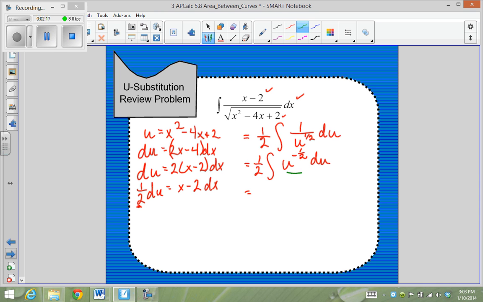You add 1 to your exponent and divide by that. So that will go to a positive 1/2, flip it, you get a 2, multiplied times your 2 out in front. And those 2's would end up canceling. So you've got u to the 1/2 plus c, and your u value, go back and plug in, and so you have x squared minus 4x plus 2 to the 1/2 plus c. That's it. We're good to go.